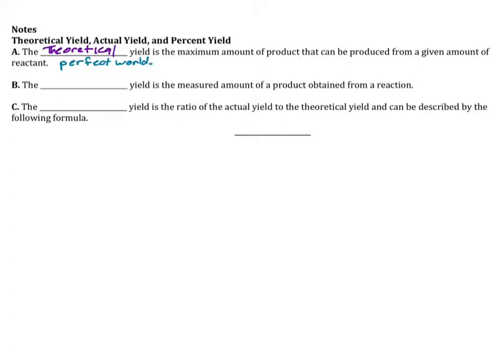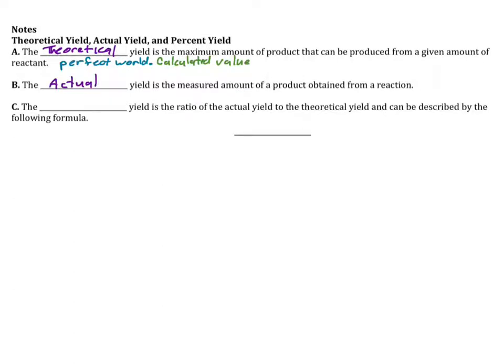Also, this is a calculated value. And so whenever we do any calculation, in fact, all of the calculations we've done up to this point are theoretical yields. Now we're going to talk about actual yield.